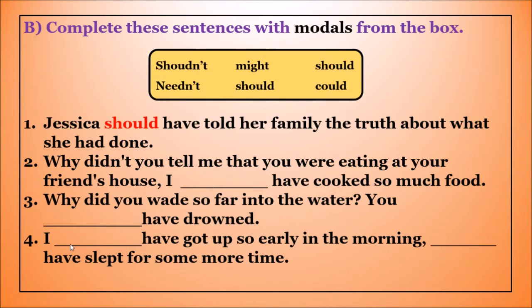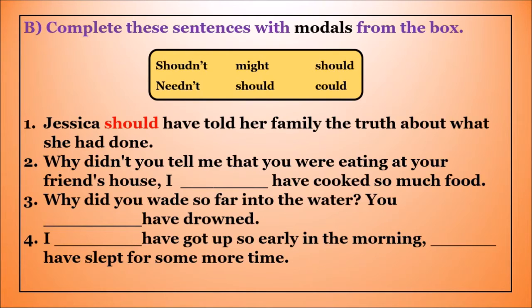Fourth one: I dash have got up so early in the morning, I dash have slept for some more time. He is regretting that he had so much time to sleep, but needlessly he woke up early in the morning.